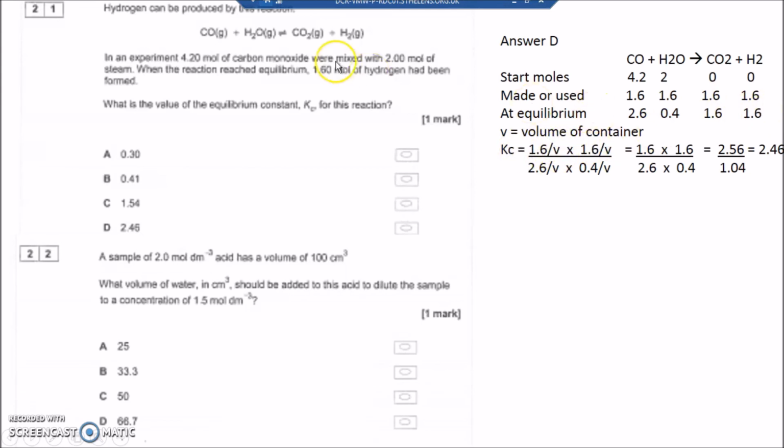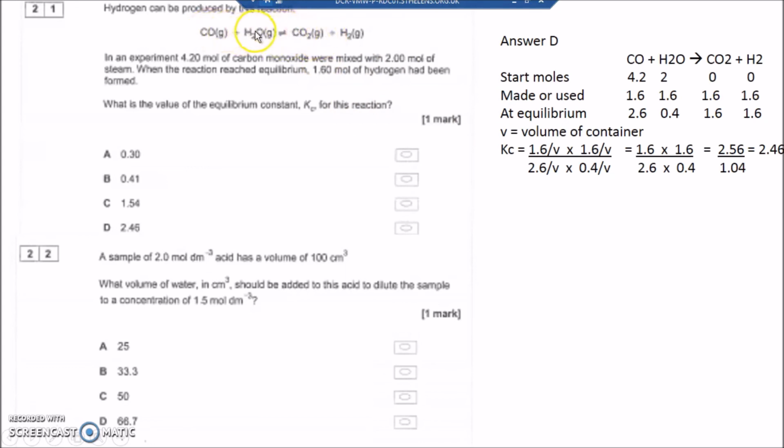Now my Kc is the concentration of carbon dioxide multiplied by the concentration of hydrogen, divided by the concentration of carbon monoxide and divided by the concentration of water. Now concentration is number of moles divided by volume, and we haven't got the volume of the container. But the reason we've not got the volume of the container, it doesn't matter.